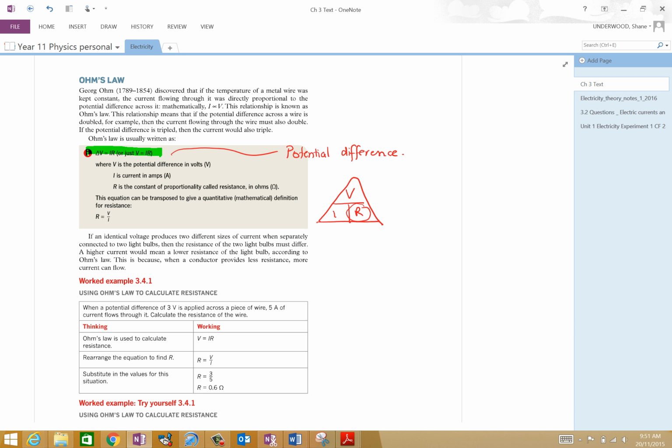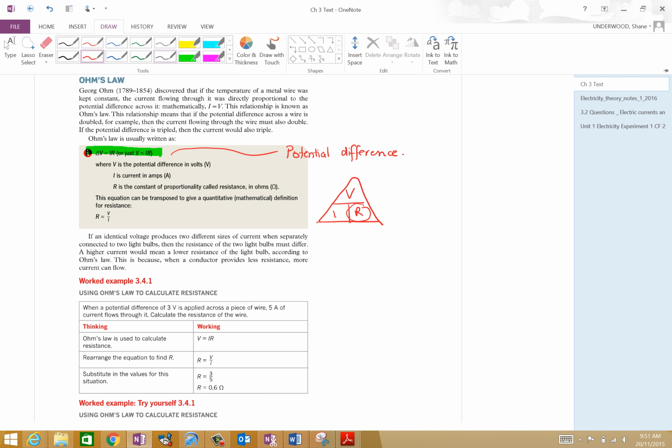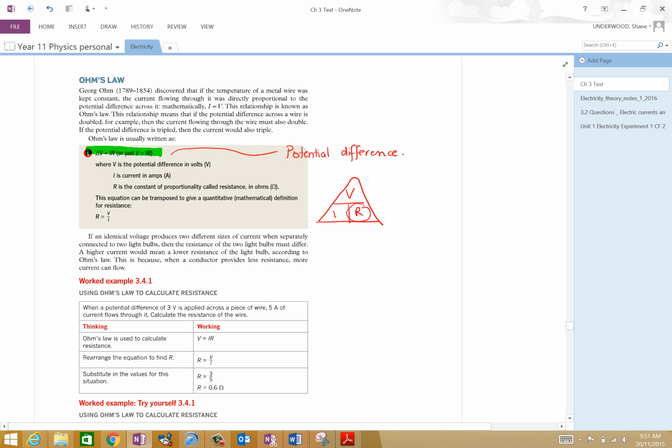If your maths was really bad, you could cover this up and say that the resistance is equal to the voltage over the current. I don't really expect Year 11s to be that elementary, so rearranging equations is something you will need to get good at if you aren't already.